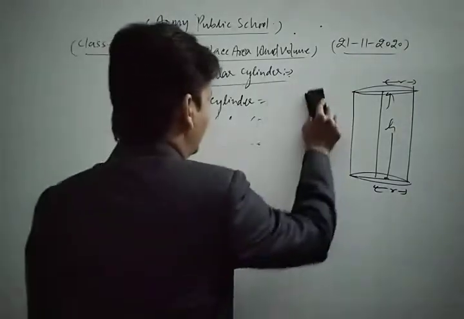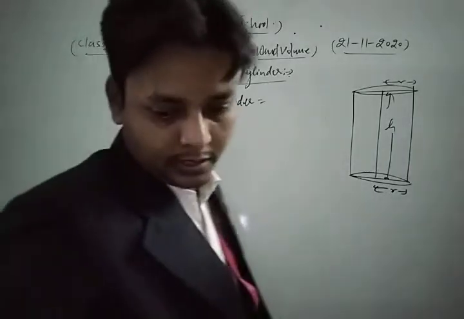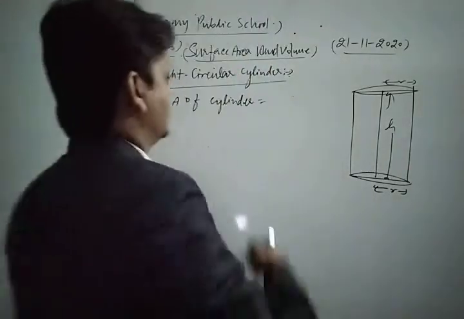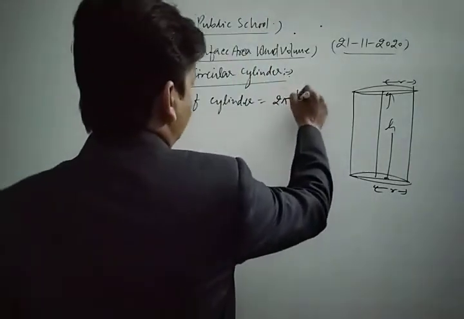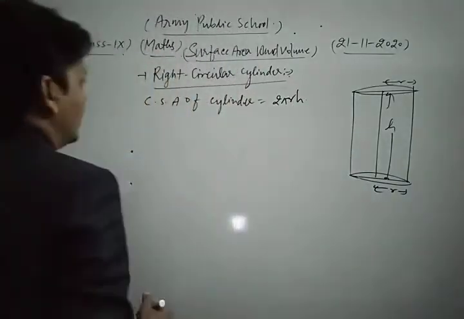The curved surface area of the cylinder is equal to 2 pi r h. The curved surface area of the cylinder is 2 pi r h. Okay? 2 pi r h.